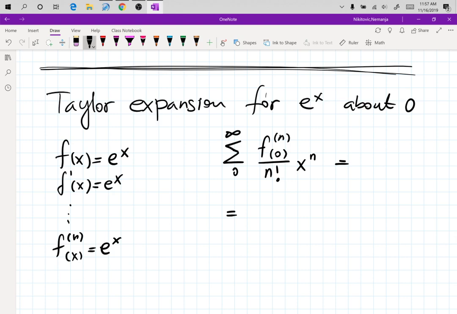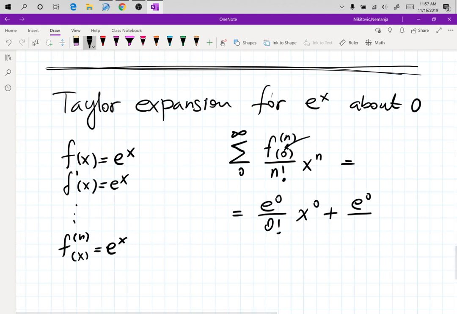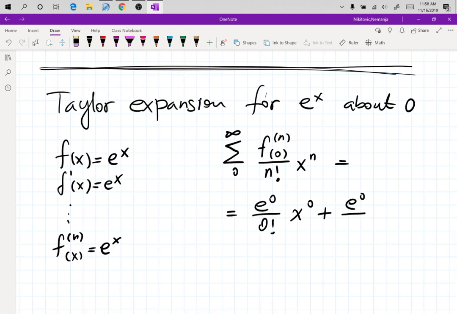We start with the 0th term, which is the original function, so that's going to be e to the 0 divided by 0 factorial times x to the 0, plus... They're all e to the 0. All of these derivatives will be e to the 0 because we have it centered at a equals 0, and this value here is the value a if you look at the formula. So all of these are going to be e to the 0.